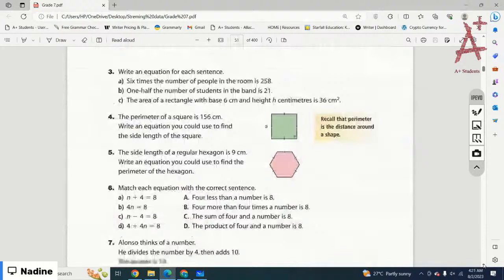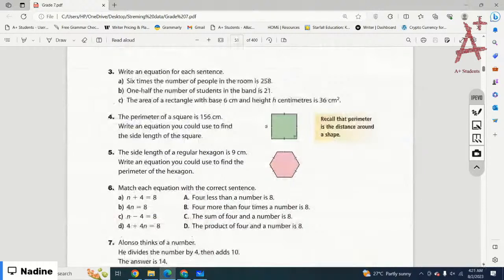Okay, so a hexagon has 6 sides. One, 2, 3, 4, 5, 6. Yes, a hexagon has 6 sides, right?